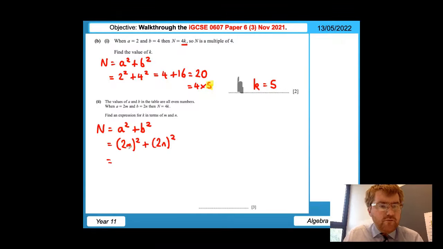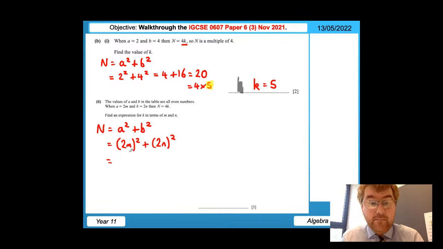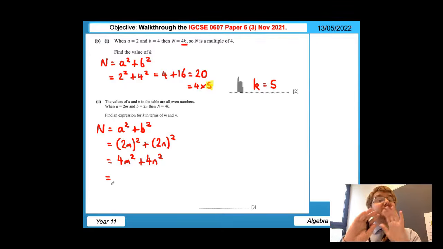Now, very important where I put the brackets here, because we're squaring the whole thing, we're not just squaring the m. So 2m times 2m, this is the bit to watch out for, is 4m squared. 2 squared is 4, m squared is just m squared. Likewise here, so 2 squared is 4, n squared. So we get 4n squared. And what we're going to do at this point is I'm going to factorize into a single bracket.